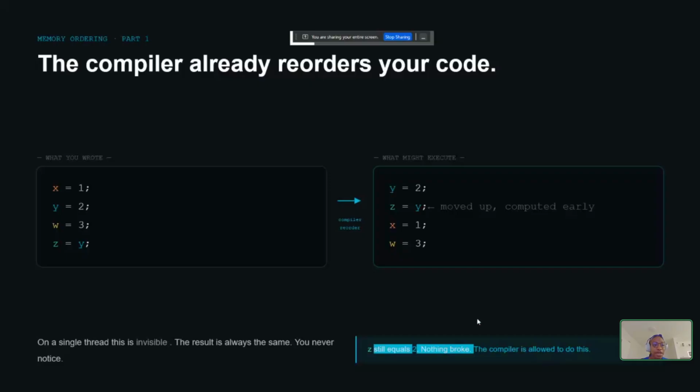Let's say, for instance, you have here x equal to 1, y equal to 2, w equal to 3, and z equal to y. The compiler can reorder it like this, and it won't affect your program in any way. The compiler is smart enough to know that if I reorder this and just assign z earlier, it would not affect the outcome of this code in any way. So it reorders it, right?